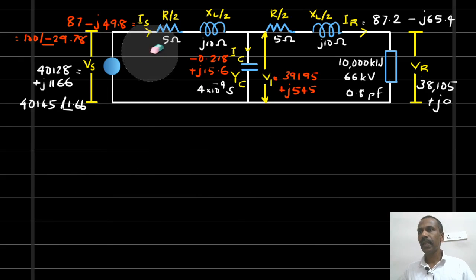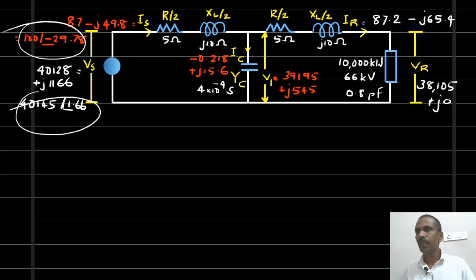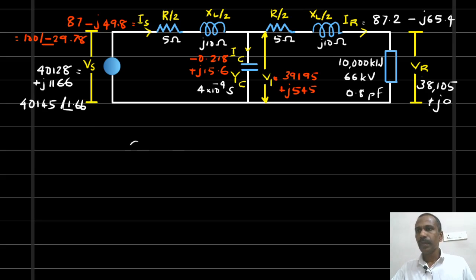We write this IS and IR both in the rectangular and polar form, because we need to find out phi s. Phi s is the phase angle between voltage and the current at the sending end. That's why we wrote these two values both in the A plus JB and in the R theta form.